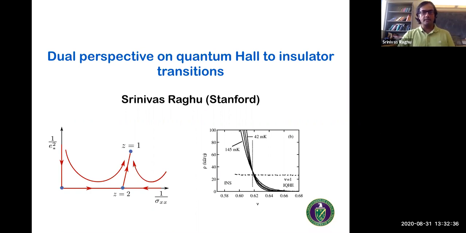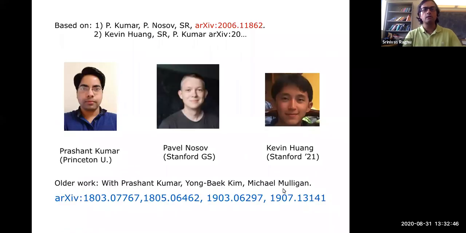So as Luca said, my talk is about quantum Hall transitions. The work I'm going to present to you is based on some studies that I've done with some students who work with me. The first is Prashant Kumar, who just left Stanford and has joined a postdoc at Princeton.